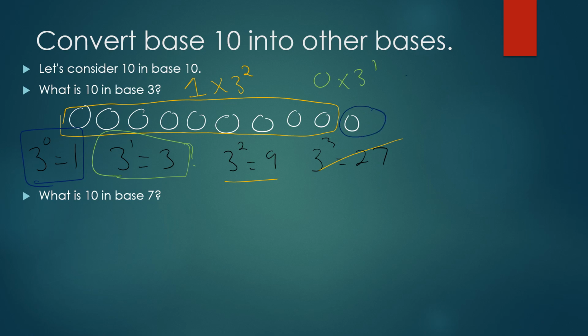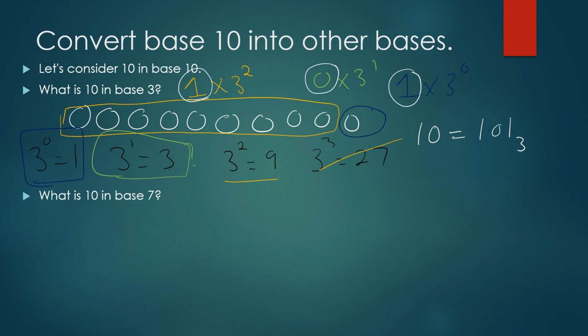We have one group of 3 to the 0. Now we look at the number of groups from each set. We have 1 group and 0 groups and 1 group. So 10 in base 10 is the same thing as 1, 0, 1, base 3.